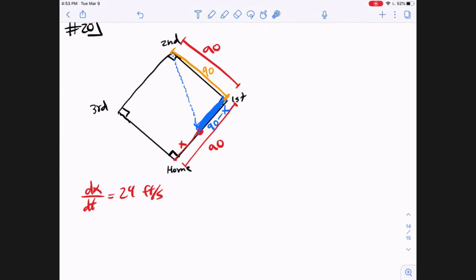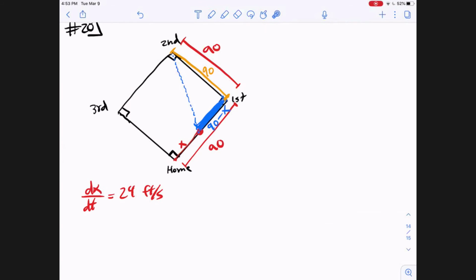Whereas this x changes. Depending on where the guy is, the shape of this blue triangle changes. Depending on where you pause the video, this changes, but this orange line segment does not change. So we could just call it 90. Now, what is this?